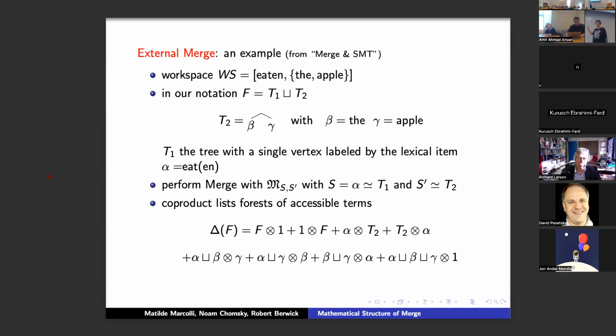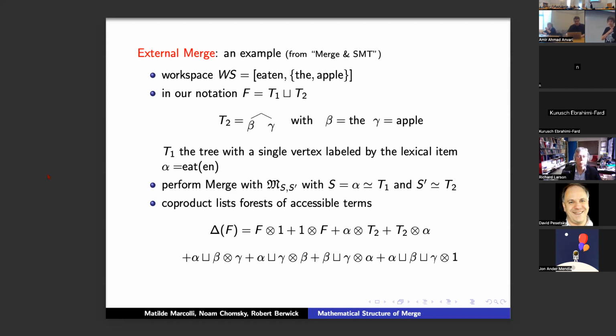So just to see a little more closely how they function when I write them this way, let's look first at external merge. I'm using the same example that is in this book on merge and the strong minimalist thesis, because they also introduce the external merge operation.